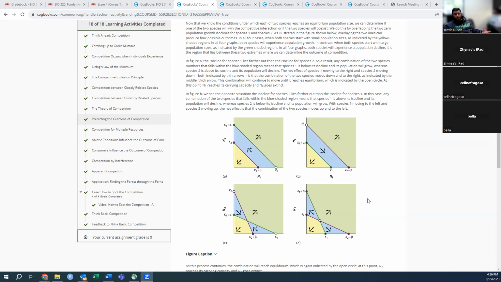It might be more of a multiple choice question, and it might say which figure, A, B, C, or D, will result in species 1 always outcompeting species 2. And which one would that be in this one?